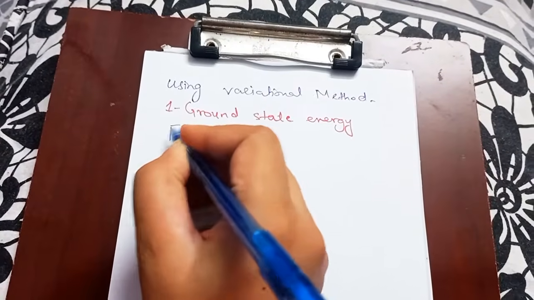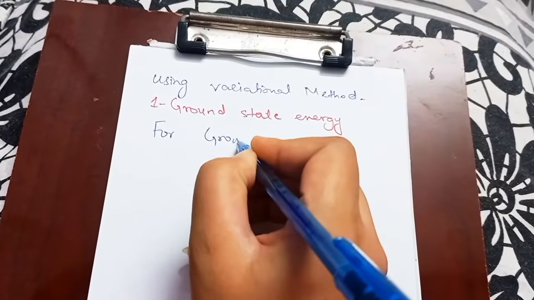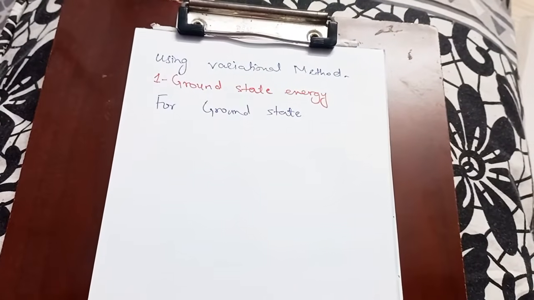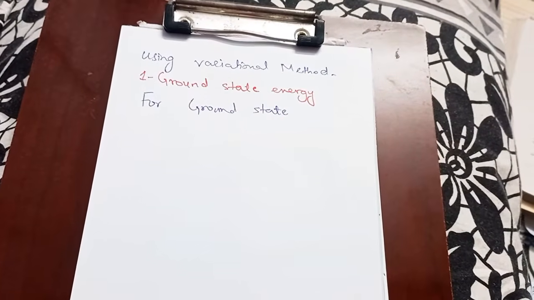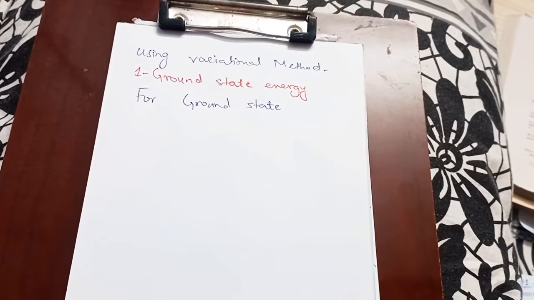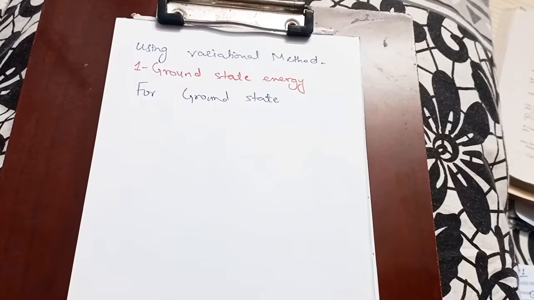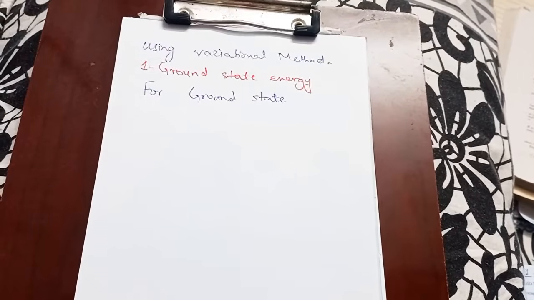So for the ground state, here we have that benefit about harmonic oscillators, that we already know their original solutions. We know what their exact solutions are and how the system looks or what its properties are.